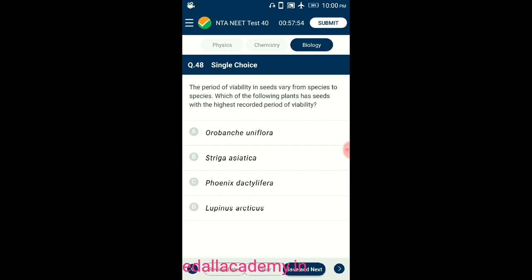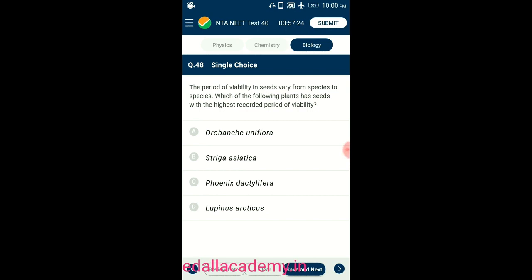Question number 48. The period of viability in seeds varies from species to species. Which of the following plants has seeds with the highest recorded period of viability? There are several records of very old yet viable seeds. The oldest is that of lupin, Lupinus arcticus, excavated from the Arctic tundra.